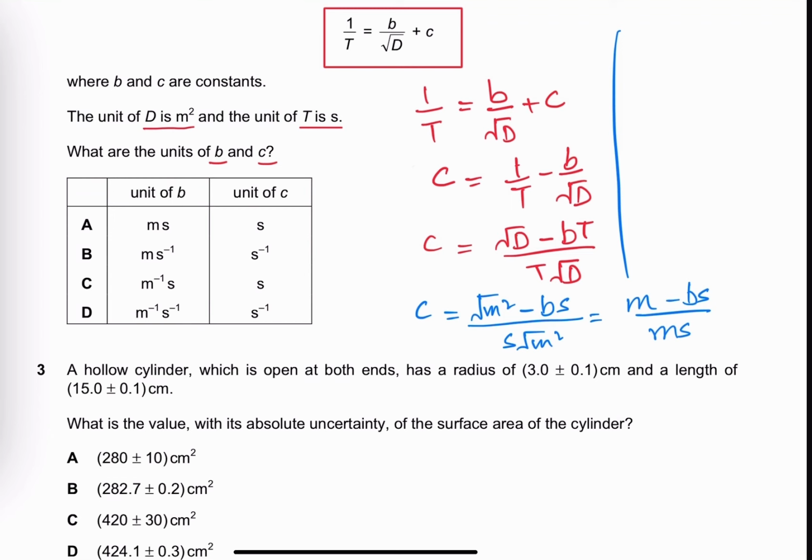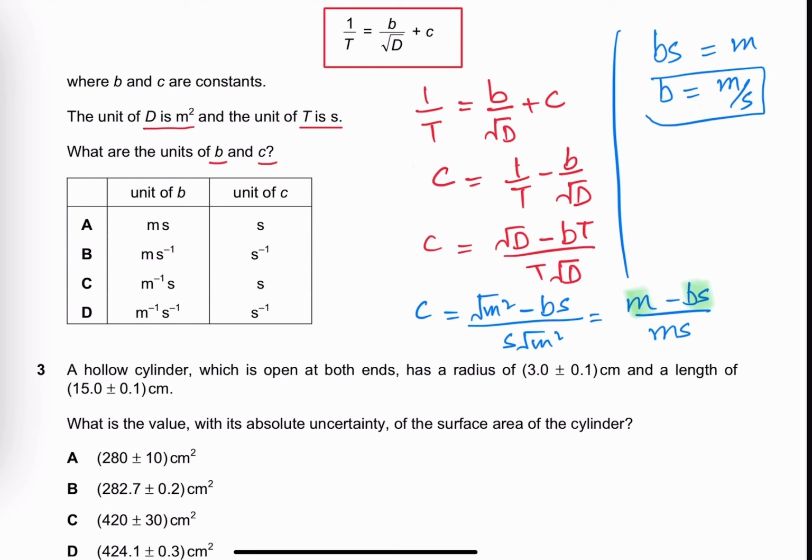So if this first quantity, m, has to be subtracted from this, bs should also be equal to m. So I can say that b must be equal to m over s. Okay, so b is m over s.